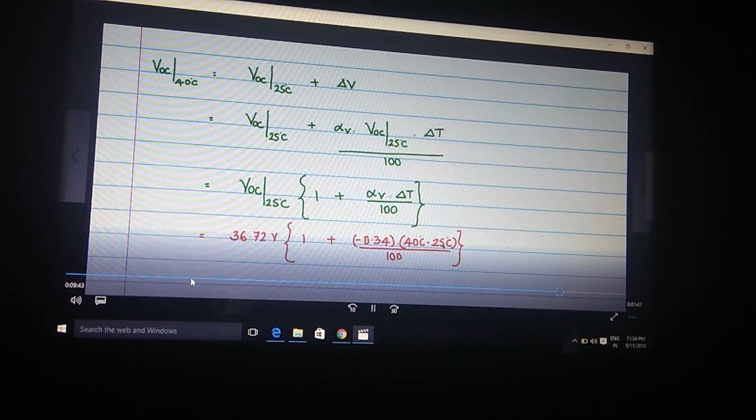A temperature rise of 40 minus 25 degrees, which is 15 degrees centigrade, divided by 100. So this amount here amounts to minus 0.051, which pulls down the open circuit voltage to 34.847 volts. So as temperature increases, the open circuit voltage will drop.